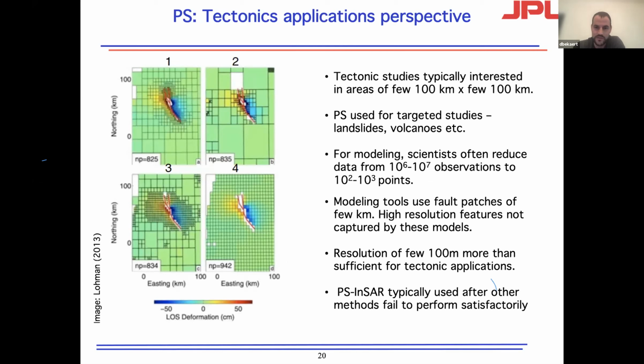So downsampling is an often applied method. Here is the downsampling done by Rowena Lohman. It's a paper looking at quadtree and various downsampling methods. So PS is applied in the tectonics community generally when the other methods fail, which we will talk about in a little bit, and then downsampling would be applied.